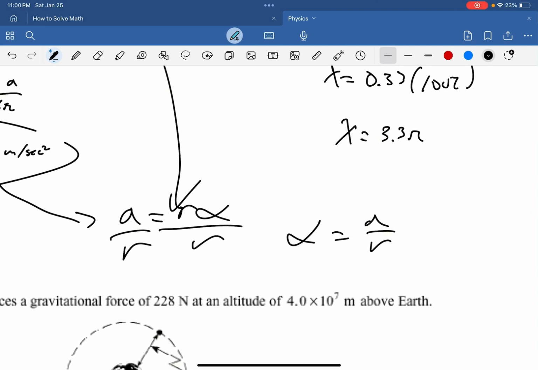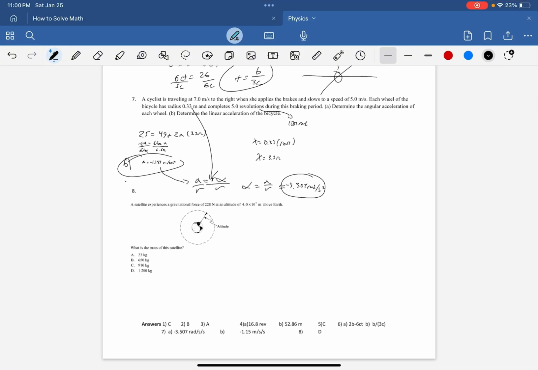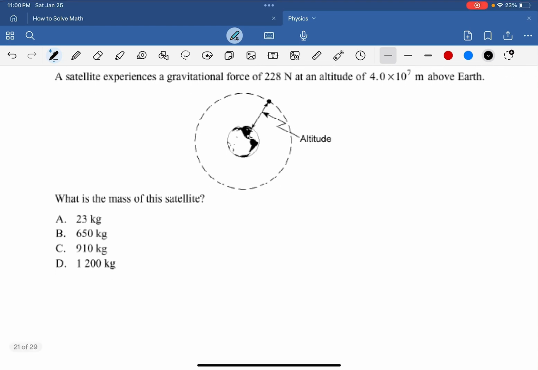So negative 1.15 divided by 0.33 is going to give us 3.507, negative 3.5 radians per second squared, which, yep, we got that correct. Anyways, nice job, guys.